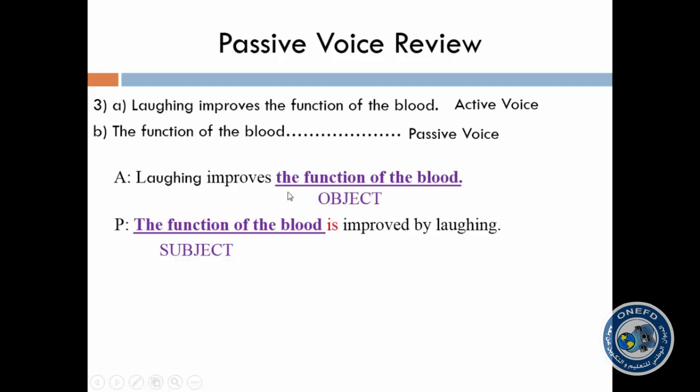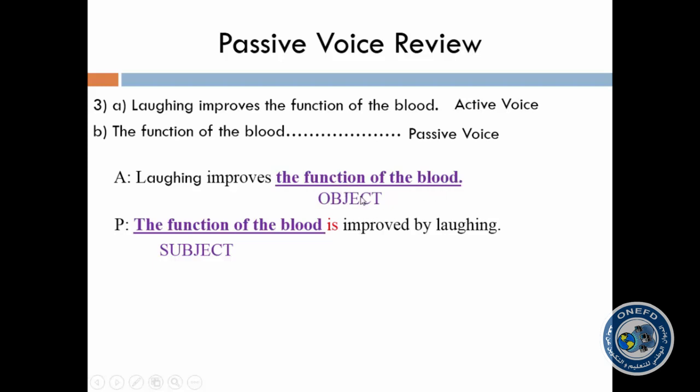So how do we transform the sentence from the active to the passive? By following this procedure. Laughing improves the function of the blood: laughing is the subject, improves is the verb, and the function of the blood is the object. This is the active voice.